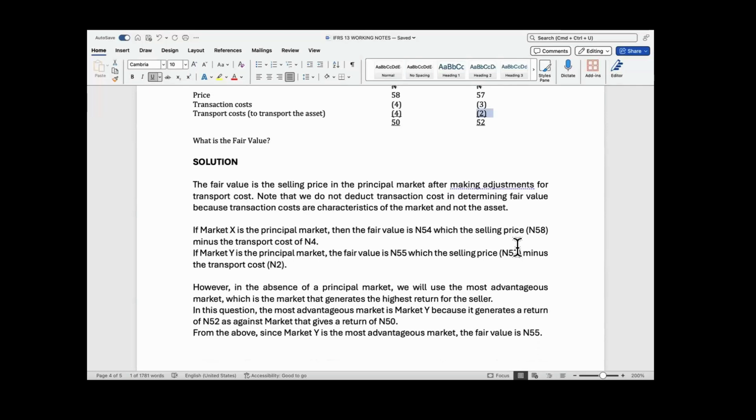Whereas knowing which gives the highest return is just to help us determine which is the most advantageous market. By the time we get the most advantageous market, then from that market, we can determine our fair value, which is this.